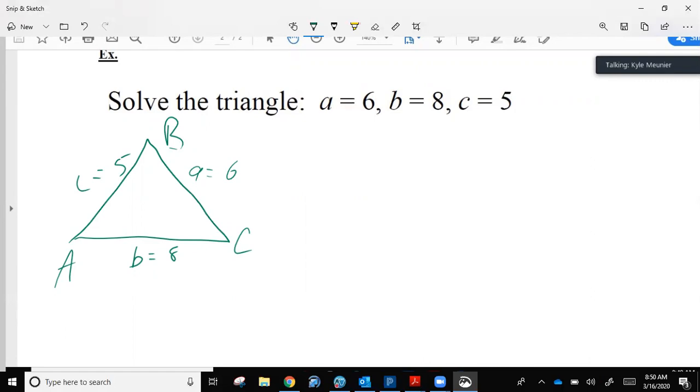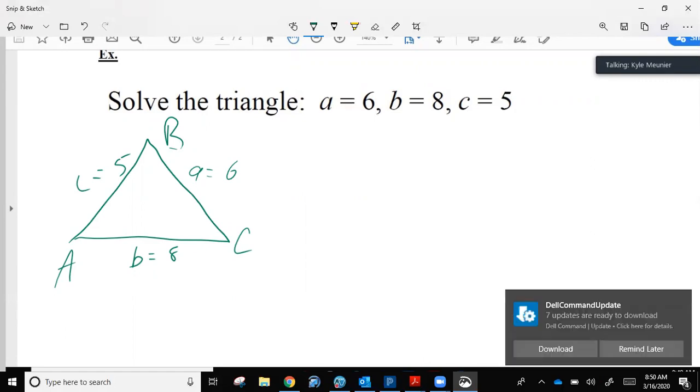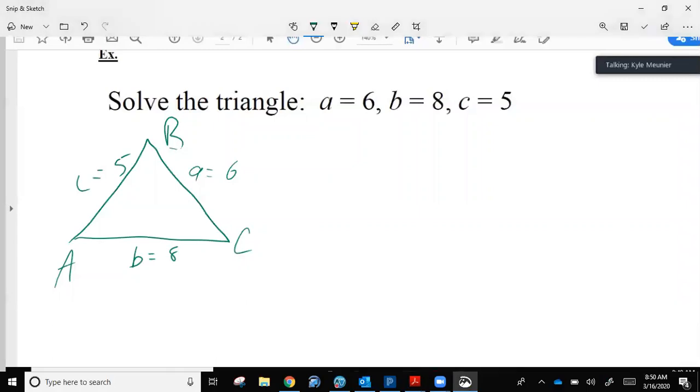Nothing indicates that it's a right triangle. So we cannot use the law of sines because I do not have an angle or an opposite side pair. I have side A but not angle A, side B but not angle B, side C but not angle C. Thus, I have to use the law of cosines to find an angle here.